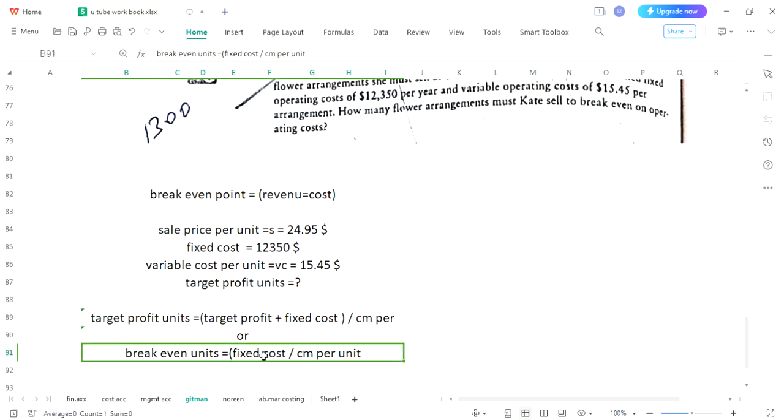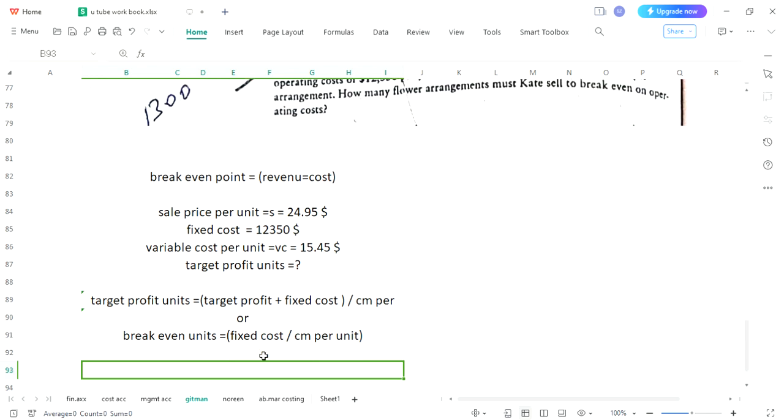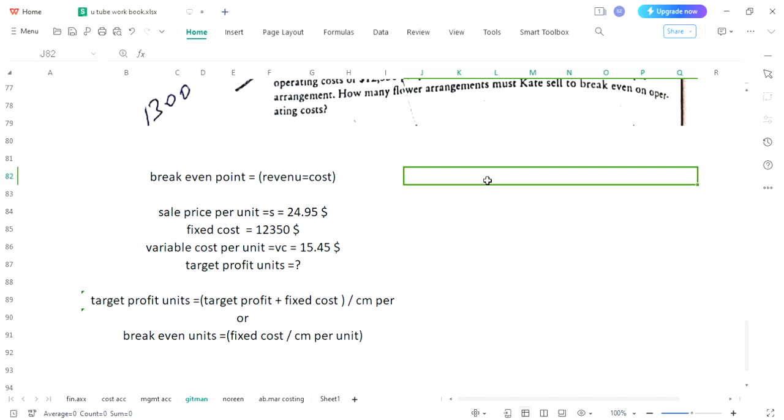CM per unit is still unknown to you and we will discuss it. For that, you need to know how to make the contribution margin. This is called CM, contribution margin income statement.